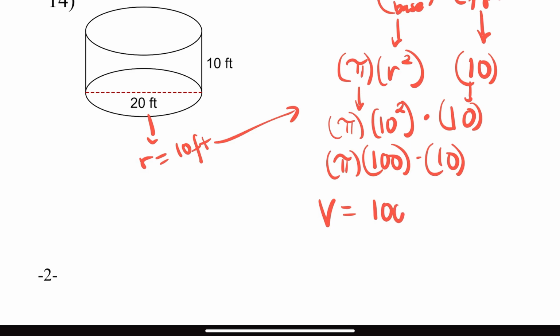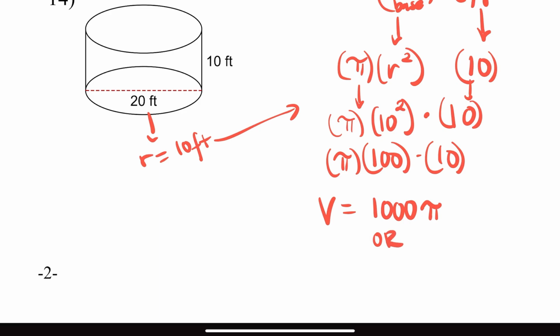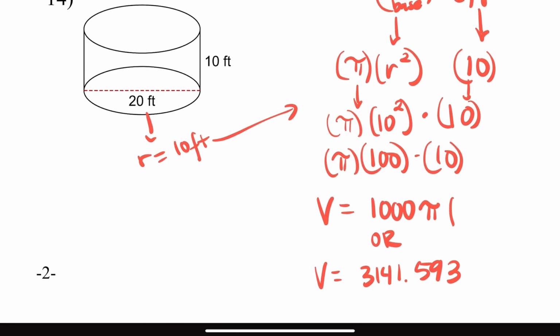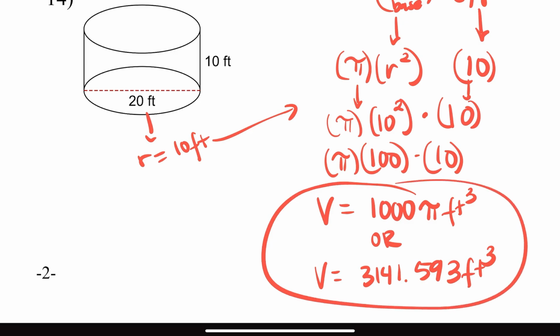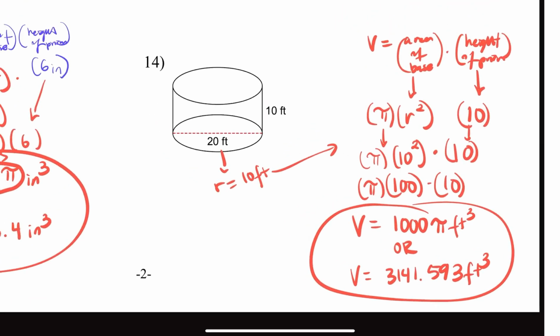That is 1,000 pi, if you want to leave it in pi form, or you can hit enter. And volume is also 3141.593. It's in feet cubed. Either response is fine, but you found the volume.